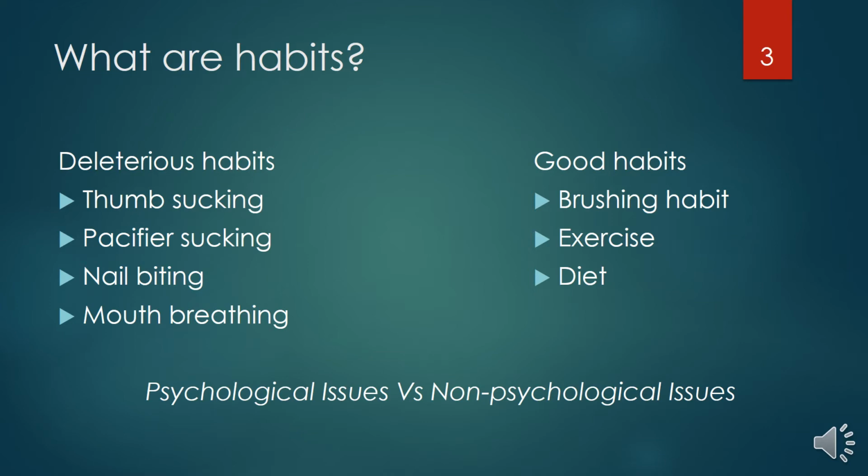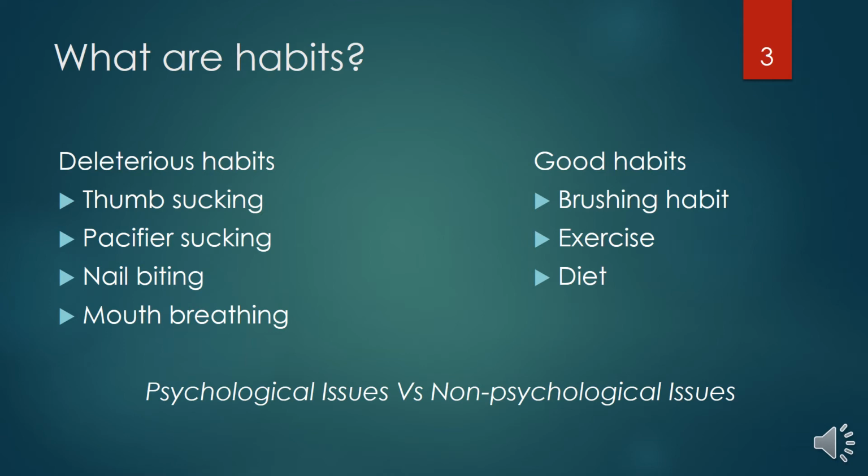The reverse would be a psychological issue: a person under tremendous stress, under divorce, having a bad relationship, takes to smoking as an outlet for emotional stress. So whenever you're looking at habits, you have to differentiate between psychological and non-psychological issues, because our interventions are different for each of them.